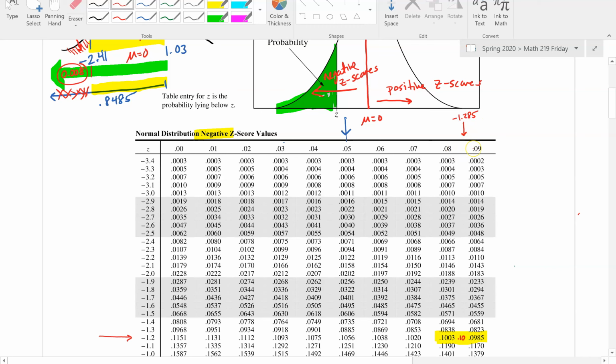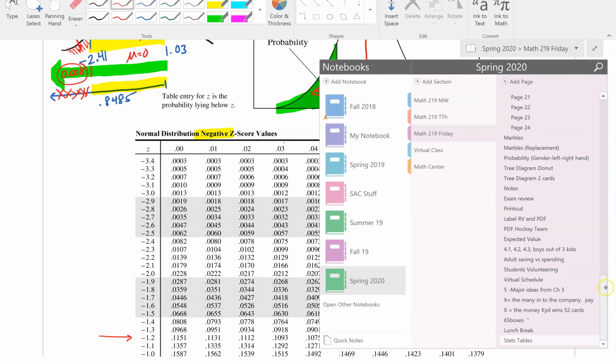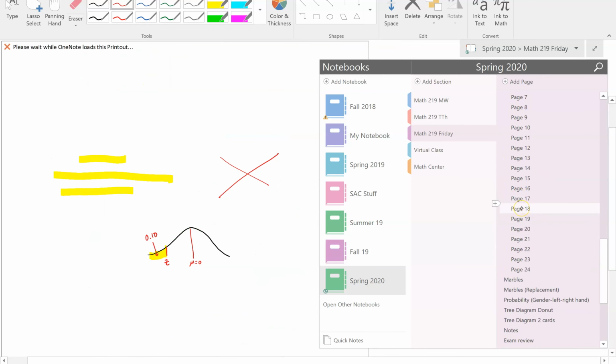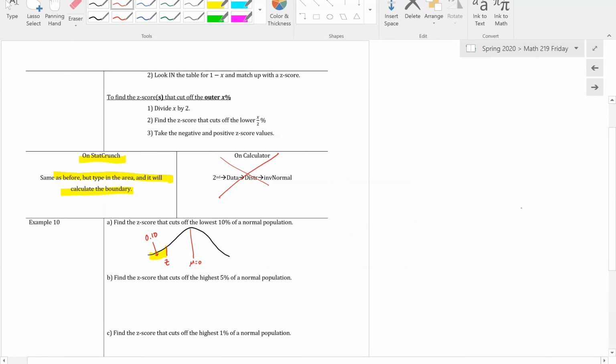That would be in between negative 1.28 and negative 1.29. So you can go with that. You can just try and get as close as you can. That's what I would do on the table here. So let's go back to the notes. I think this page. Yeah. So my best guess is that this z-score here is negative 1.285. Okay.